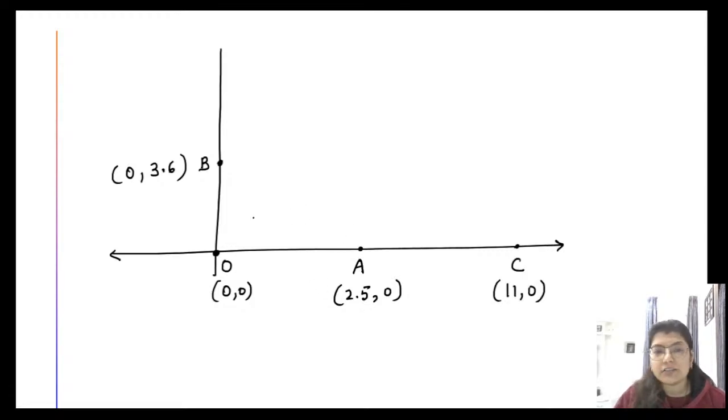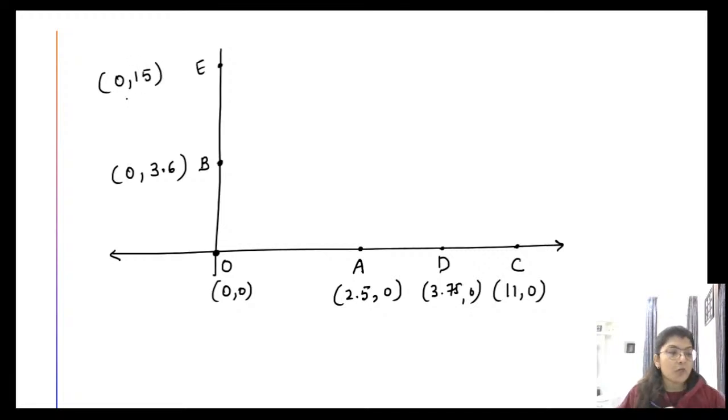Then I have D, 3.75 comma 0. So D will lie somewhere in between these two. So it will be 3.75 comma 0. And then I have E, that is 0 comma 15. So suppose E is lying over here, 0 comma 15. Okay, now what do I have to do?